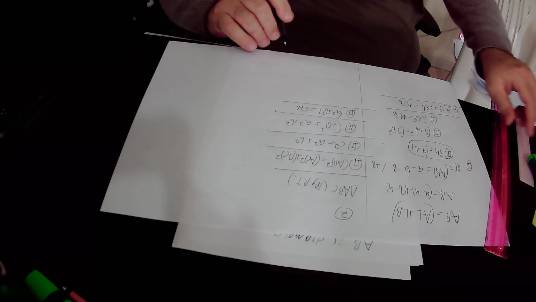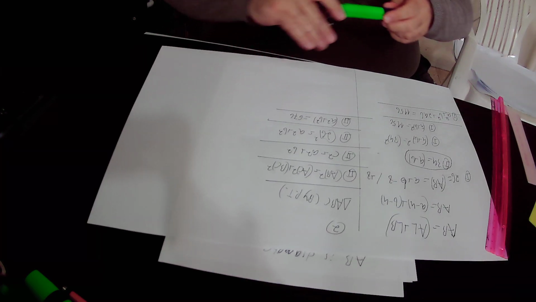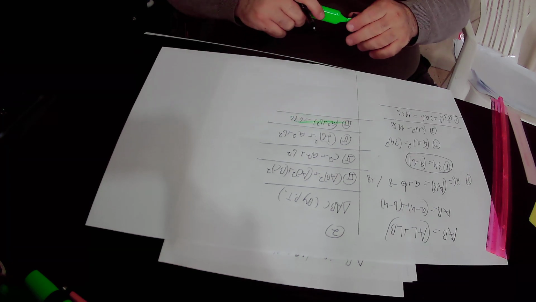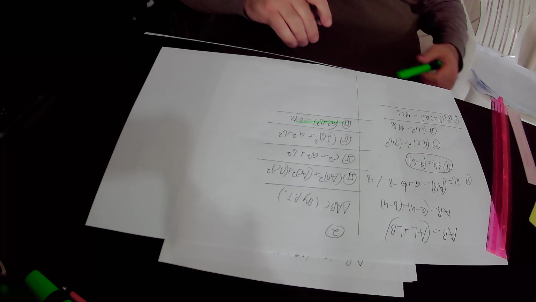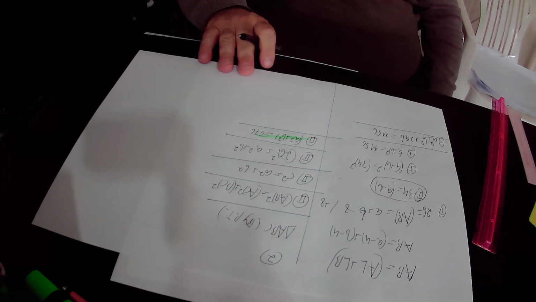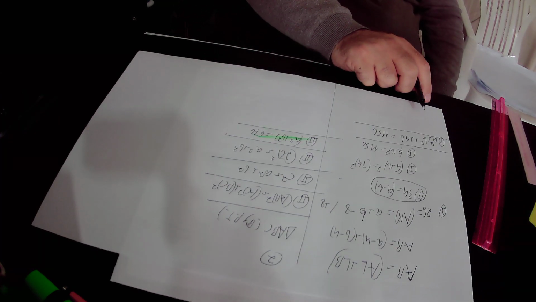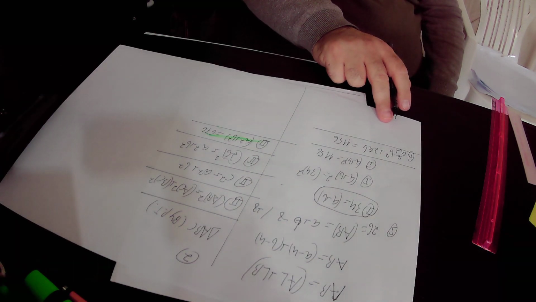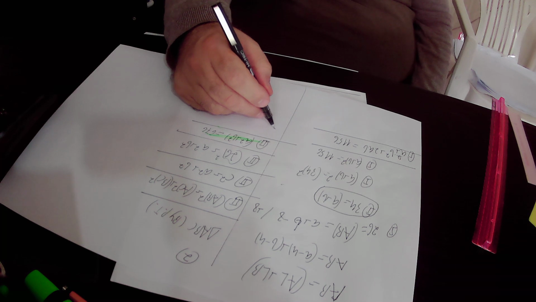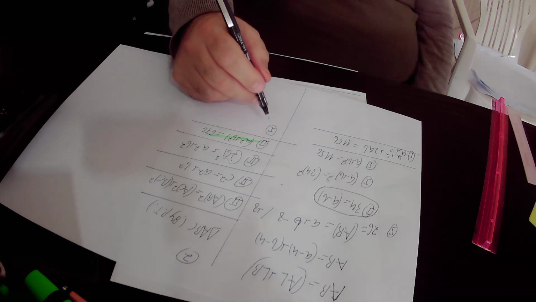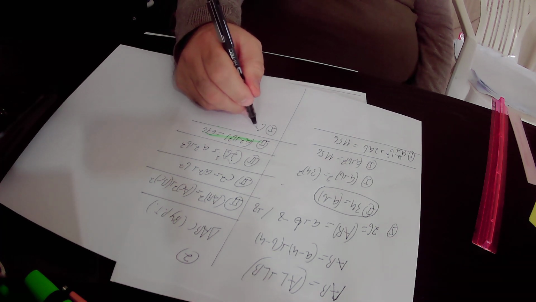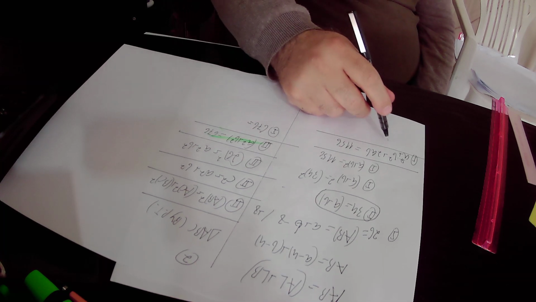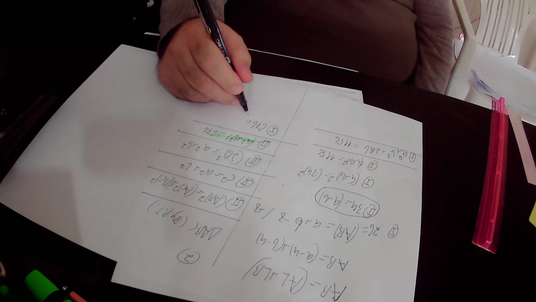According to equation number 2, because A squared plus B squared equals 676, it means that we can substitute A squared plus B squared in equation number 1 by 676. So we'll do it now, and we get that according to equation number 1, A squared plus B squared is 676, that is equal to 676 plus 2AB.